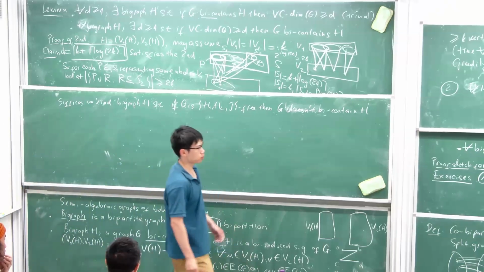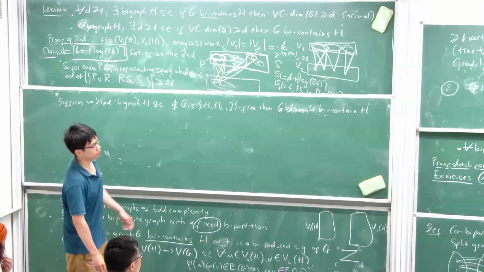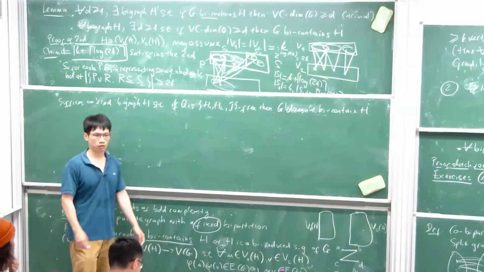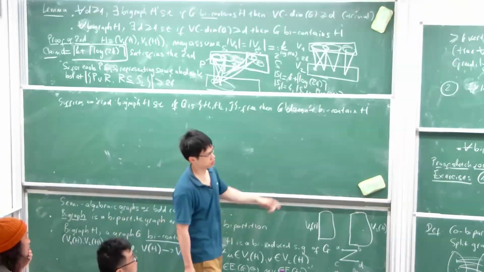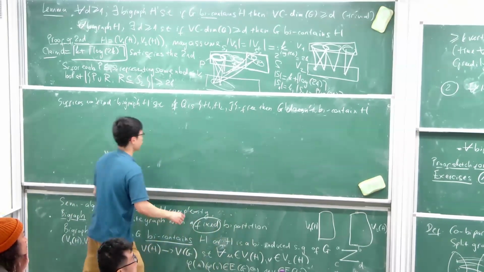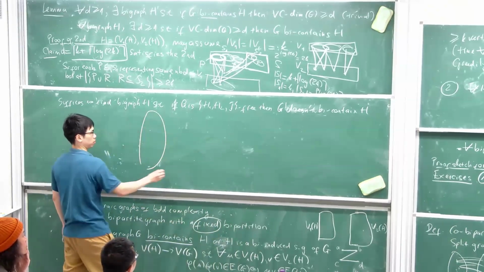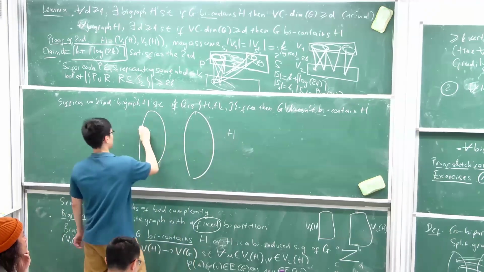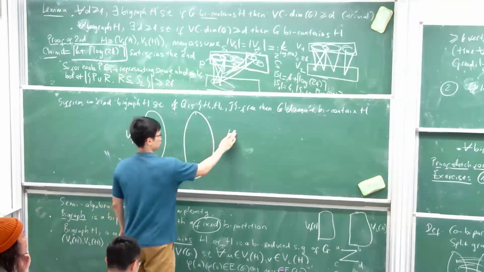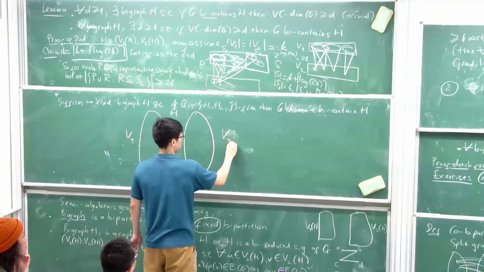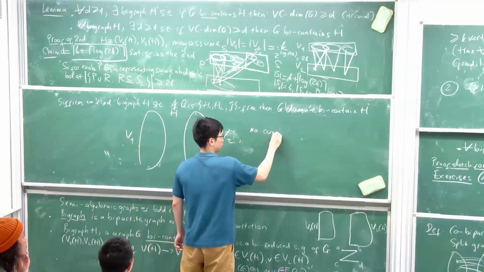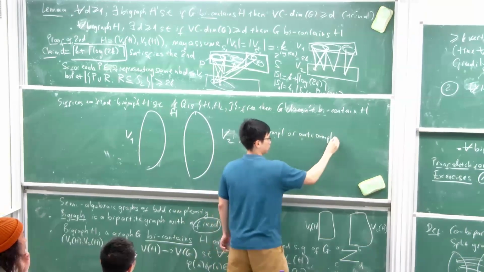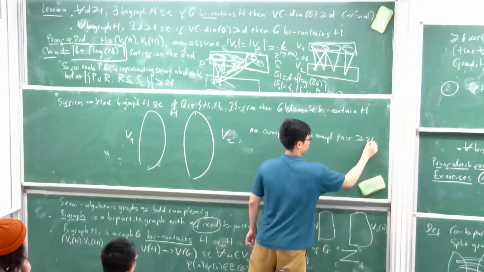This is done as follows. From the second exercise, you can find a huge bigraph H, with no complete or incomplete pair of size about log n. Here we are: bigraph H, this is V1, this is V2, and no complete or incomplete pair of size log n.